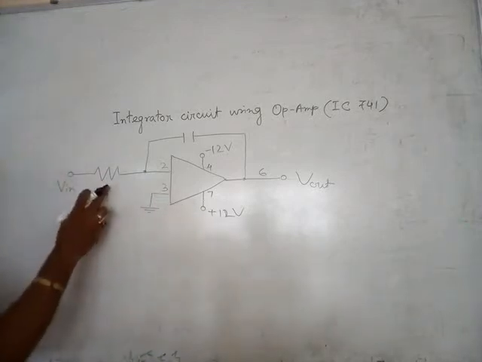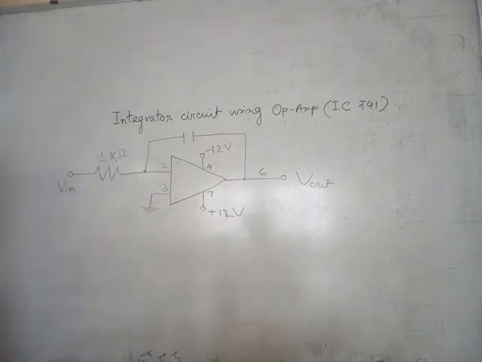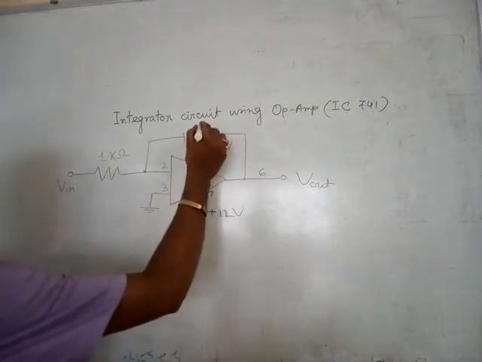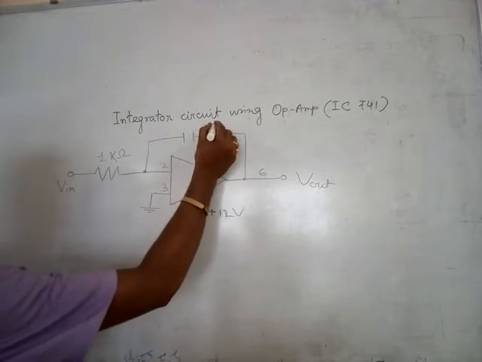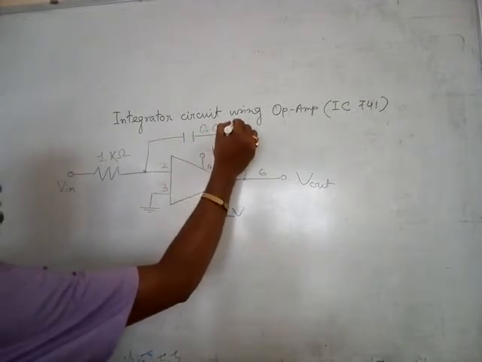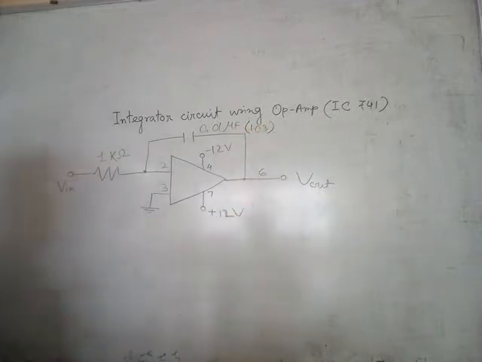The value of the resistor is 1 kilo ohm and the capacitor is 0.01 microfarad. You can call it 103.